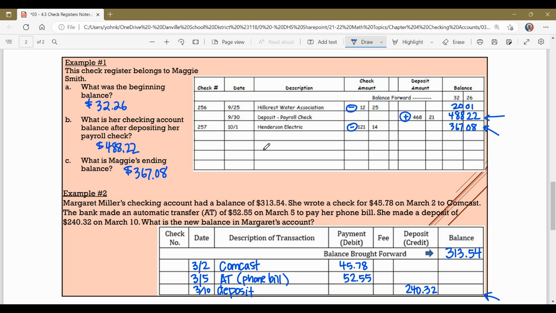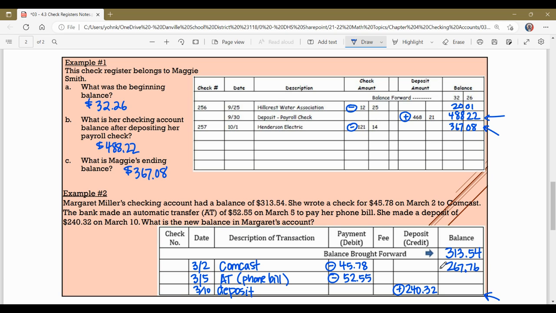So one thing I like to do is go through and put minuses and plus. Anything in the payment or debit column is a minus. So I'm going to put minuses. Anything in the deposit or credit is going to be a plus. So we're going to take $313.54 and we're going to subtract $45.78. And that's going to give us $267.76.